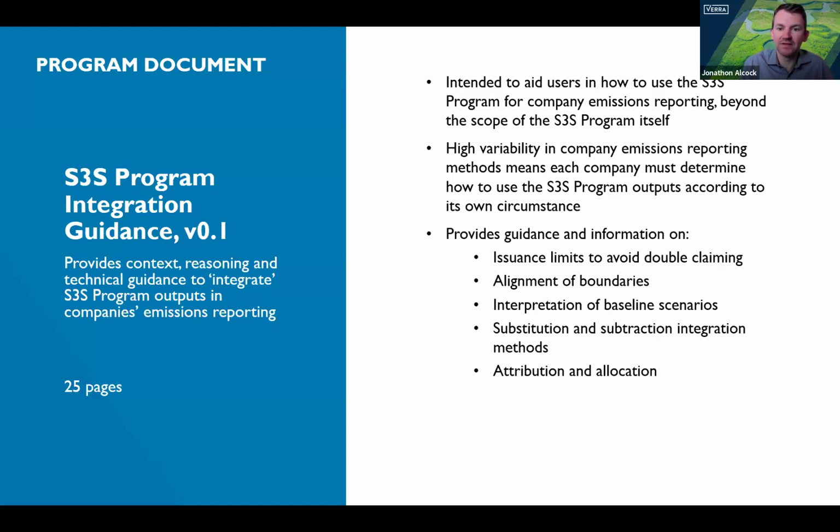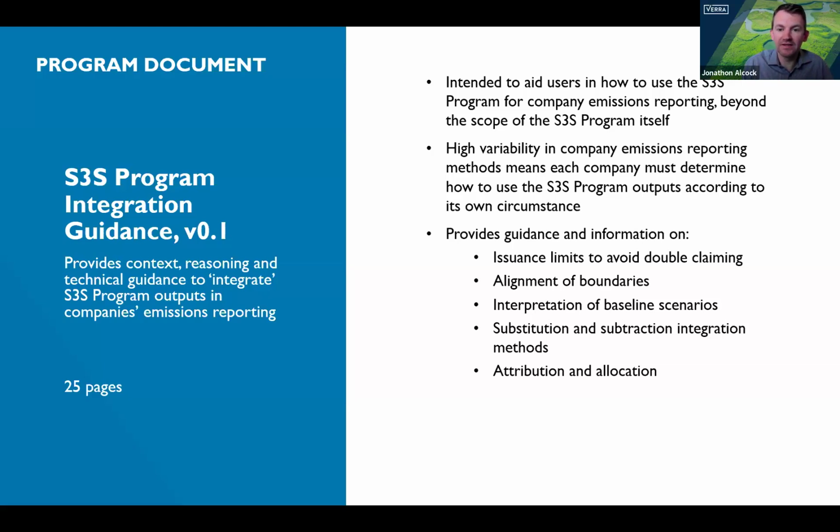Because there is high variability in how companies are doing their emissions reporting, the methods they're using, the data they're using, just the approaches for how companies are putting together their emissions reports and inventories, it means that each company has to determine how to use the Scope 3 program outputs according to its own circumstances, i.e. it's really difficult or maybe impossible to develop generic rules for how the output should be used because of this high variability between companies. And so that's the reason why we've developed this as guidance.